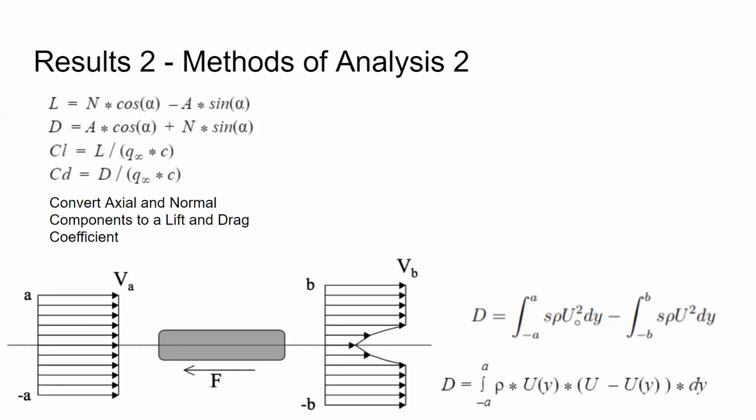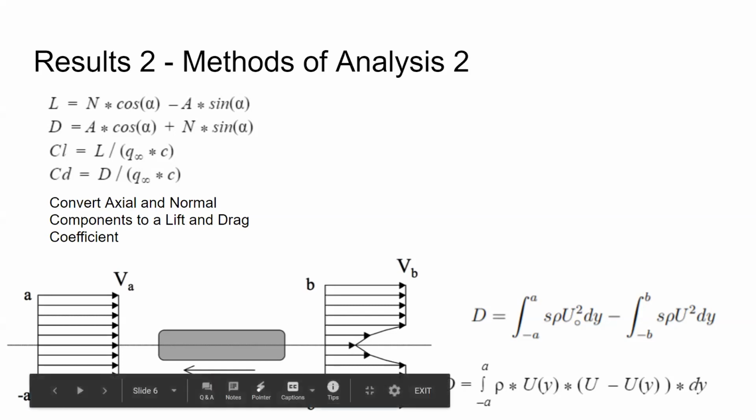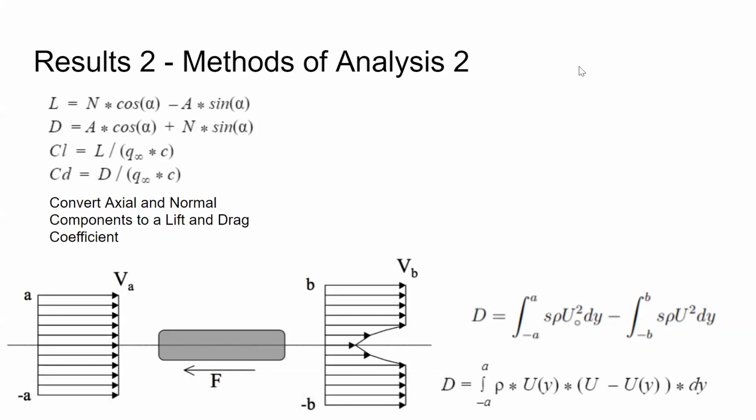The next quantitative part of this experiment will be the drag, and we'll be looking essentially at the mass flow, which will be rho u dy per unit span. This is all per unit span, and then multiplying it by how much velocity is lost. We have to integrate this through it like a constant volume.